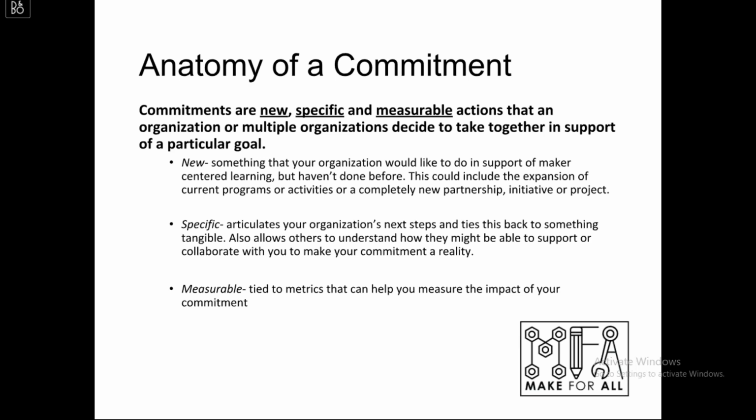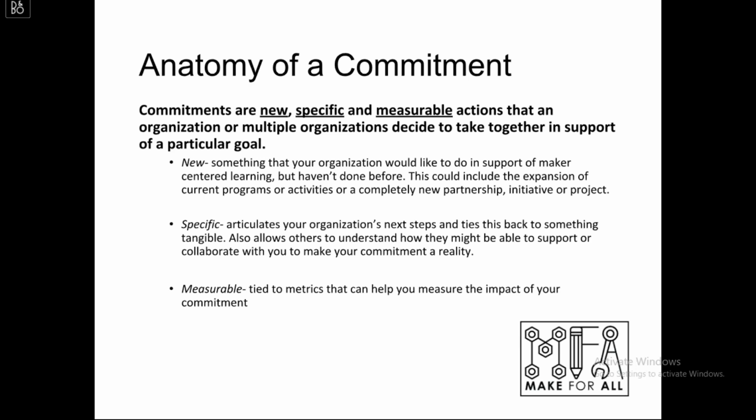And then the third is around measurable. Since the goal of this is really to broaden access to maker-centered learning and really have an impact so that you have more students, more adults, more families that have these opportunities, then we really need to be measuring how your commitment is going to affect the community that you're working with.